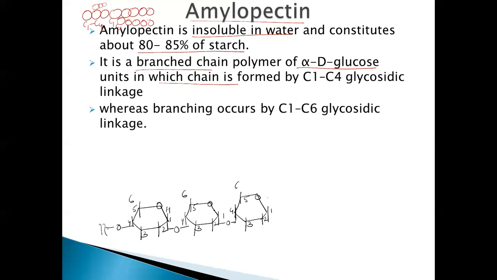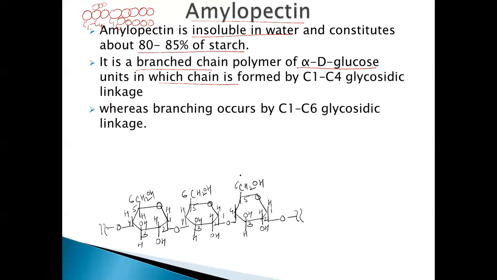And if I fill this up, this is H, OH, OH, H, H, CH2OH. Same thing here, H, OH, OH, H, H, CH2OH, H. Again, this long chain continues. So this is what we see in the straight chain.